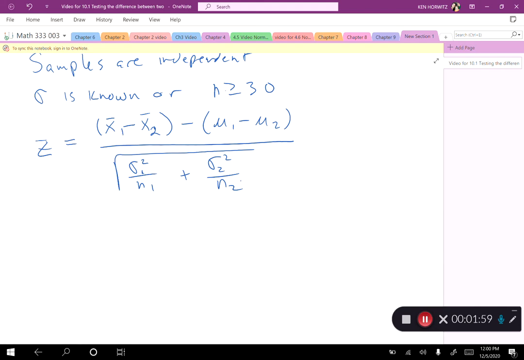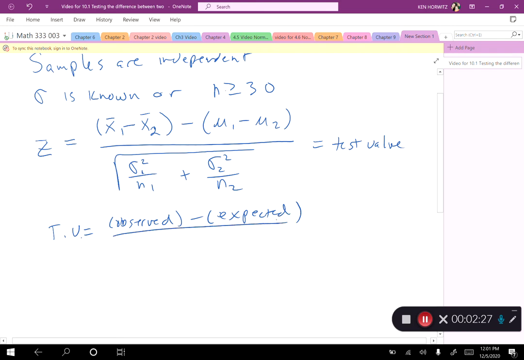All right, even though this formula looks a lot different, it still follows the pattern of our test value. So this will get our test value. In the past, our test value equaled our observed minus the expected, and then we divided by the standard error.